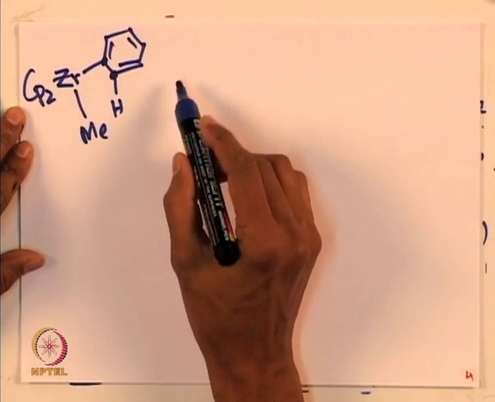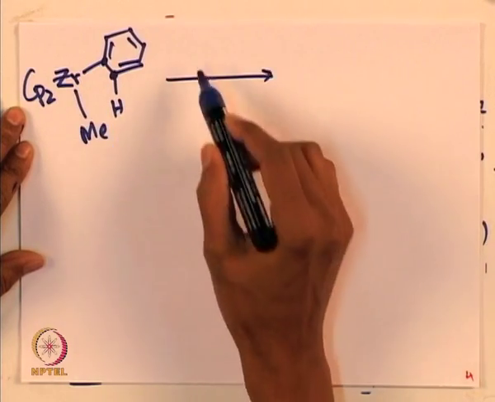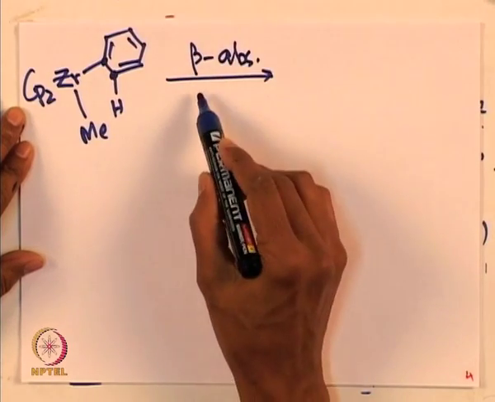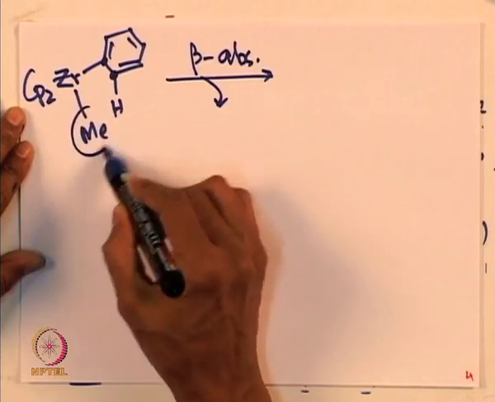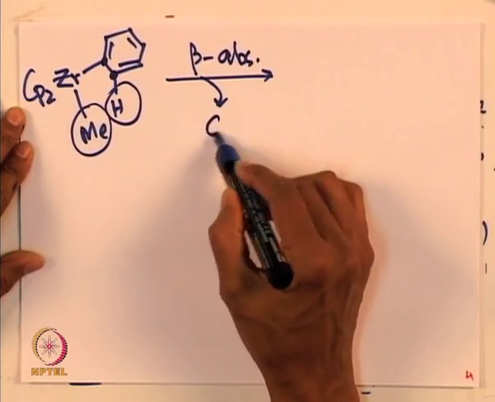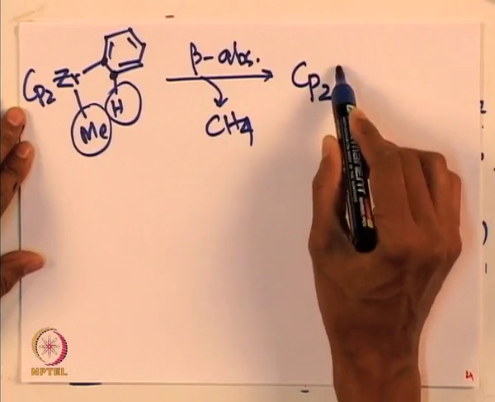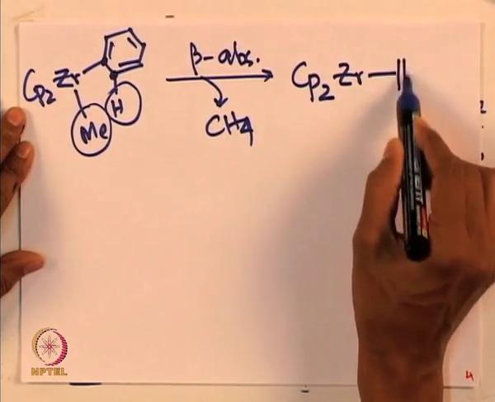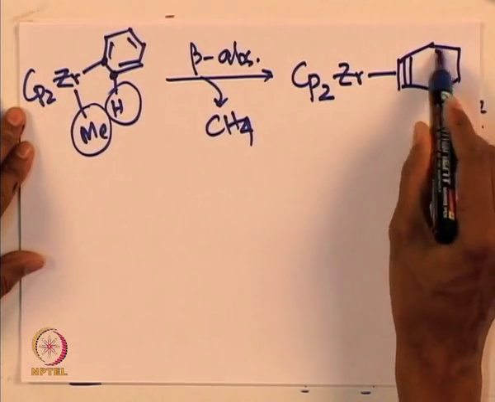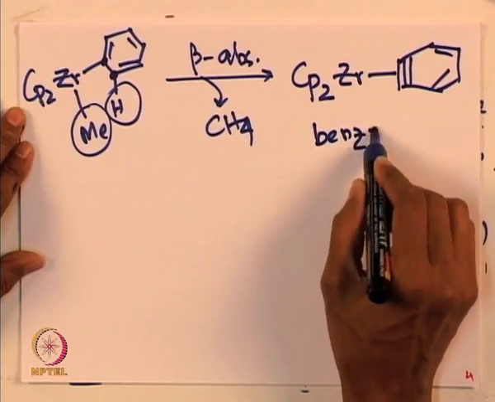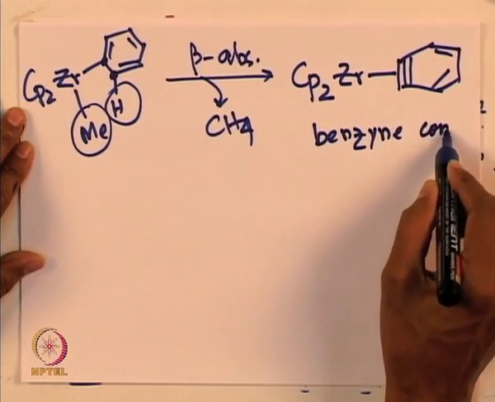Of course, the product you are going to get by beta abstraction, as you can imagine, is that these two groups go and CH4 can go out, and therefore what you have is Sp2 zirconium and this benzene intermediate, right. So, this is a benzene complex.